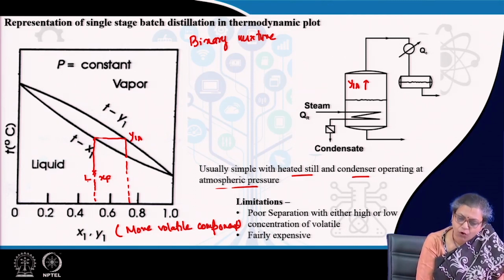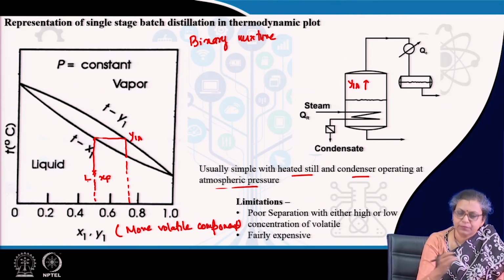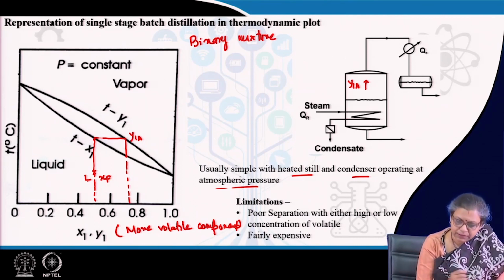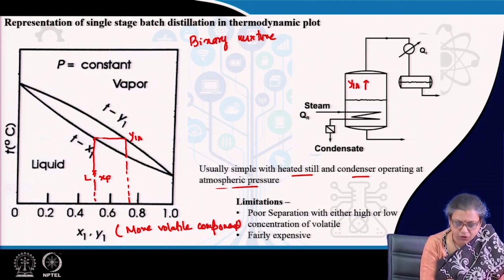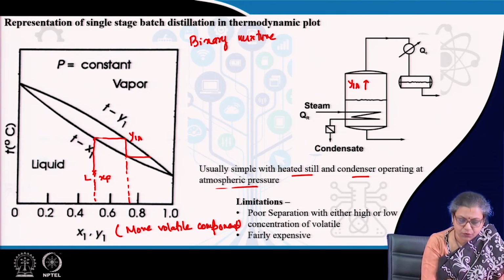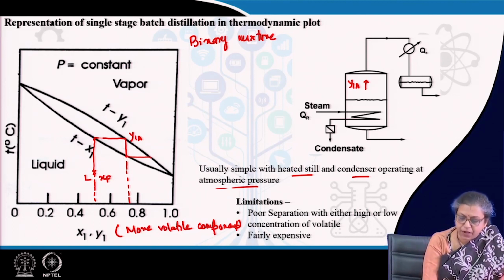So if we want to enhance the distillate composition, or make the distillate richer in the desired component, the more volatile component, what can we do? The distillate that we have got, we can redistill it, and the moment we repeat the process, what do we get? Again from this liquid we get a vapor which is richer in the more volatile component, and it is in equilibrium with this.